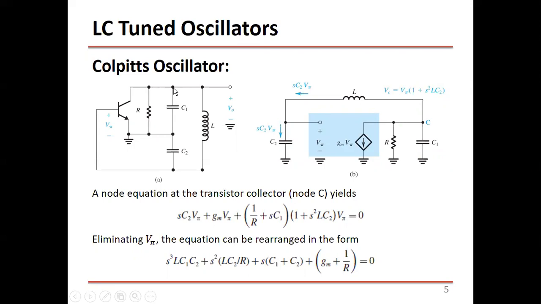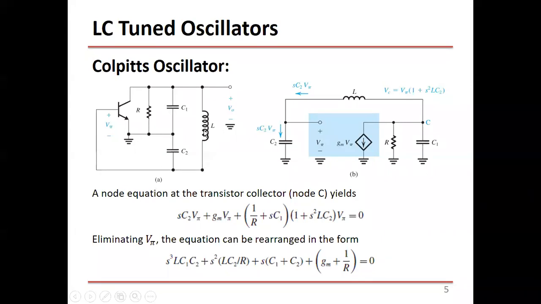And this is connected in this way to C1, C2, and L. So C1, C2, and L represent a tank circuit that will tune this circuit to oscillate at a certain frequency.